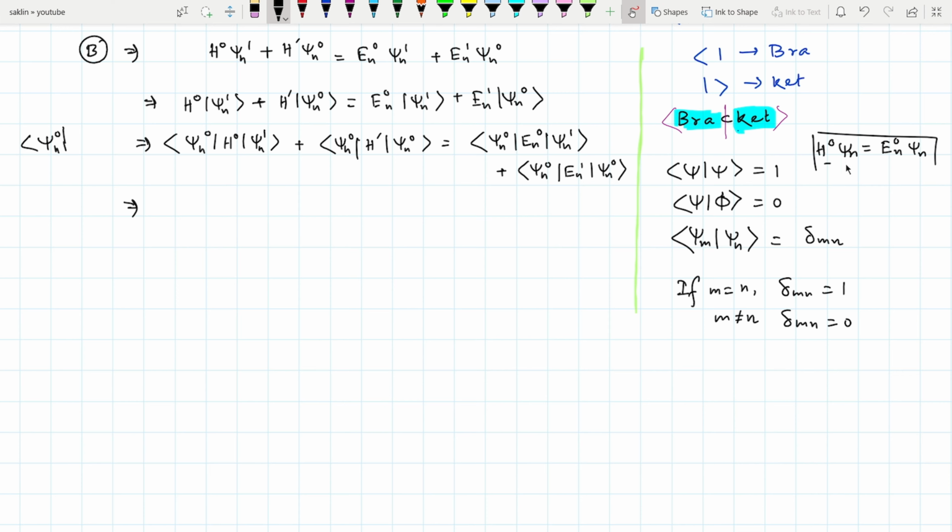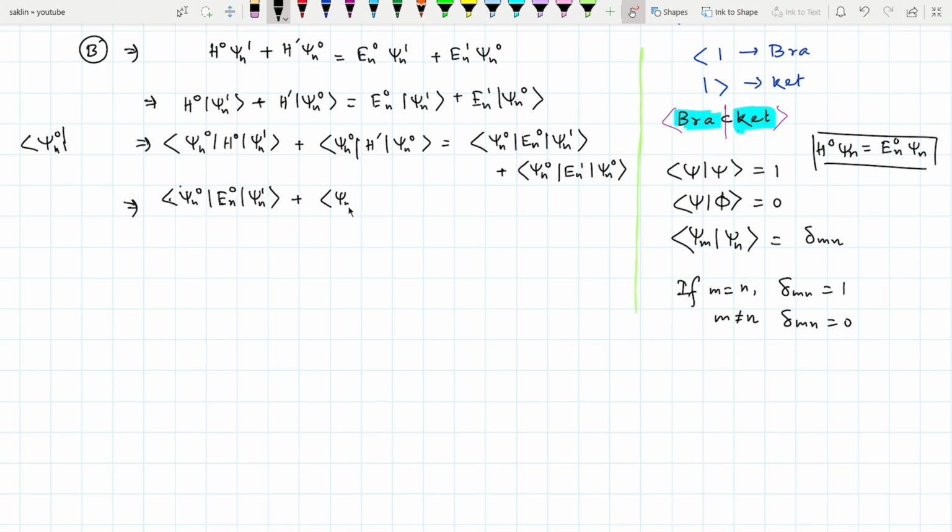We all know about it. So here we can write psi n0, that will be En0. Okay, please ignore what I am saying, I am saying some wrong things.